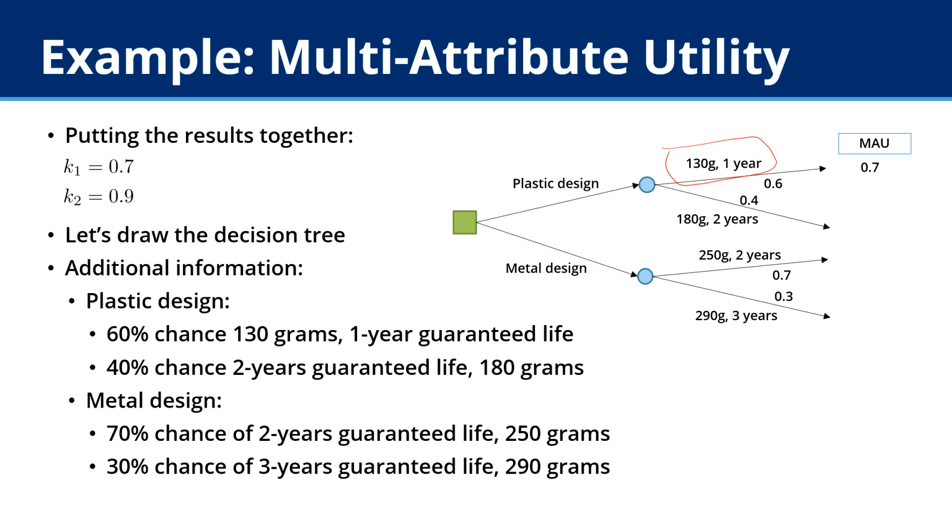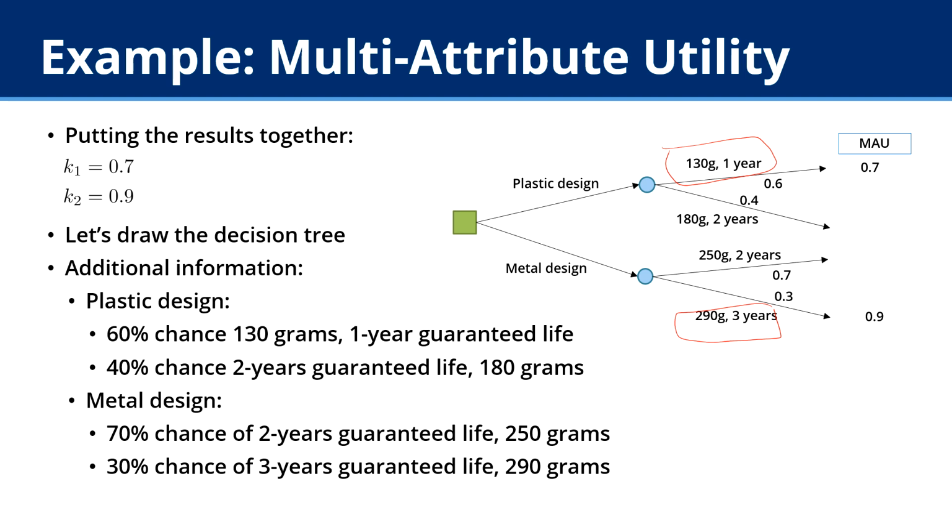That's K1. If you look further down, the bottom branch, 290 grams 3 years, is the worst of attribute 1 and the best of attribute 2, the durability or lifetime, 3 years. So this must be K2, right? So this is 0.9. Based on what we figured out previously, we have these values on the tree.